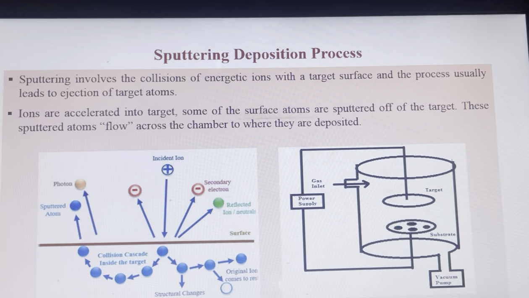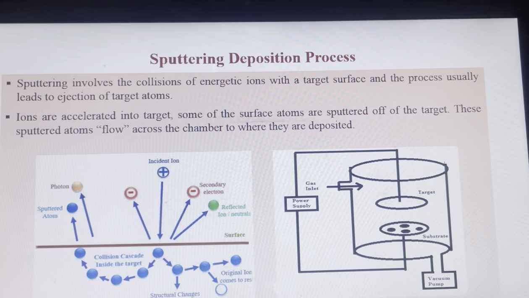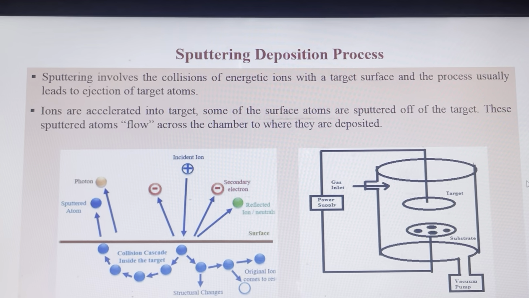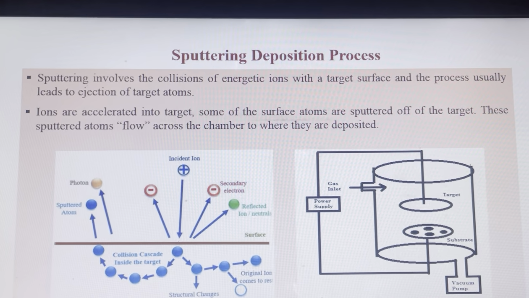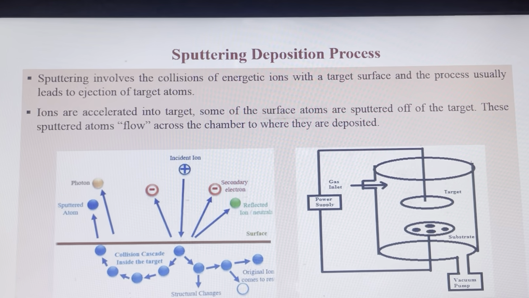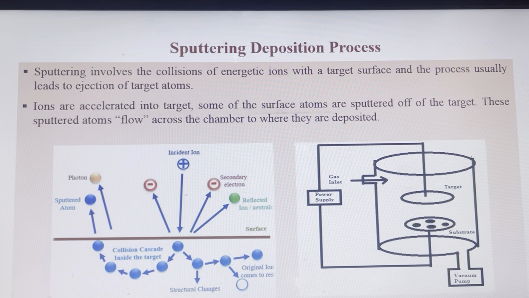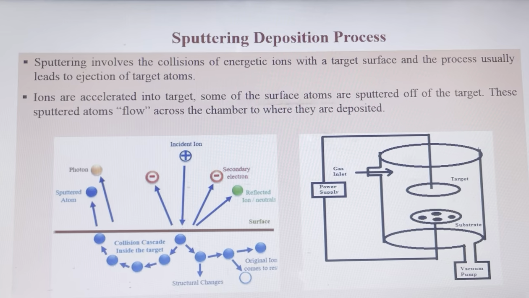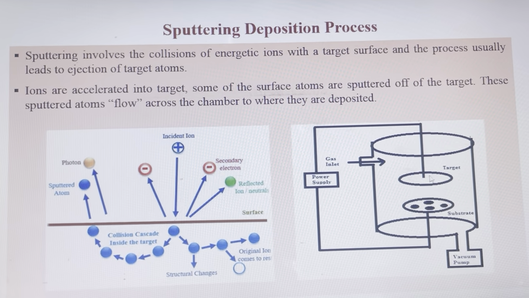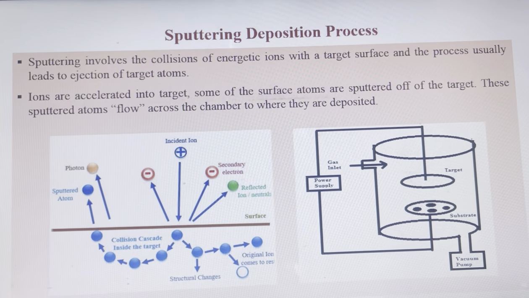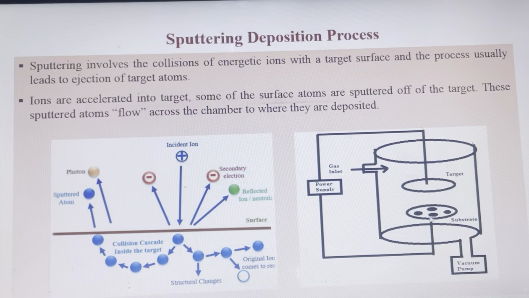Basically in this chamber, this is the gas inlet where we use a neutral gas, basically argon gas, which is ionized by this external power supply, producing a glow discharge or plasma. This interacts with the target atoms, and atoms are ejected from the target surface and are deposited on this substrate as a thin film.